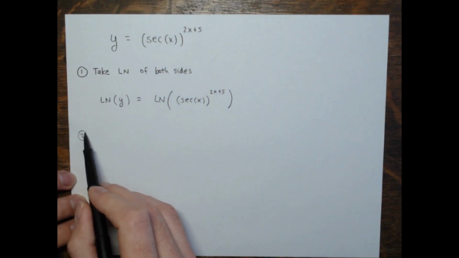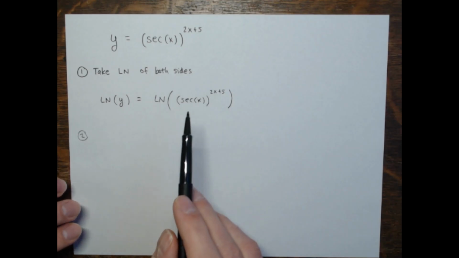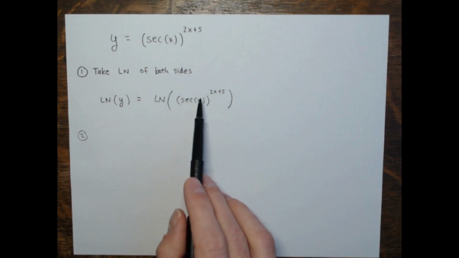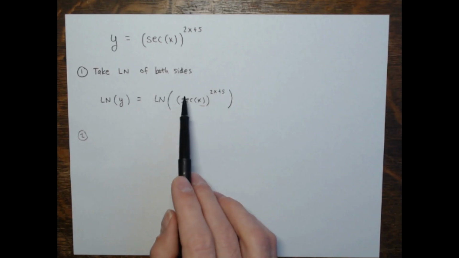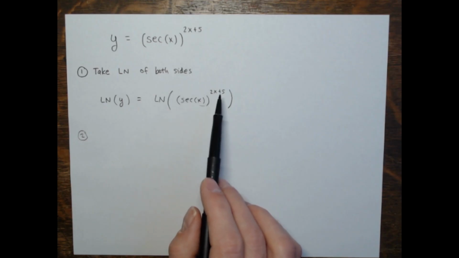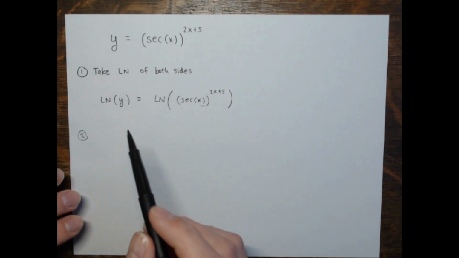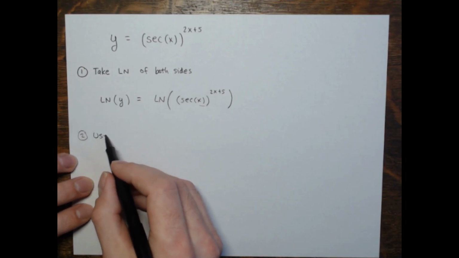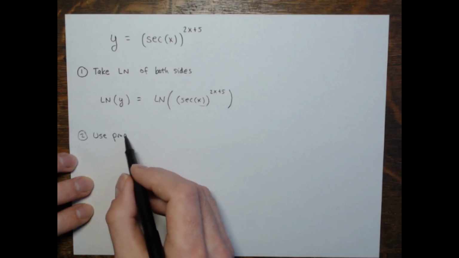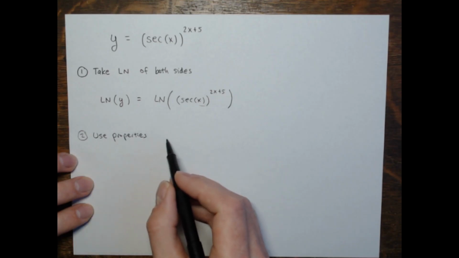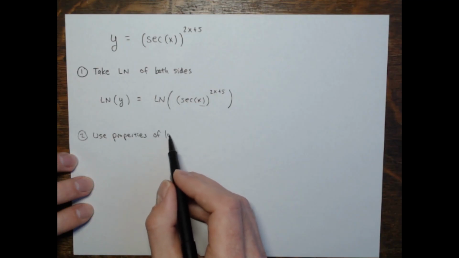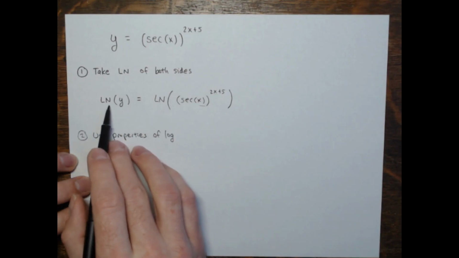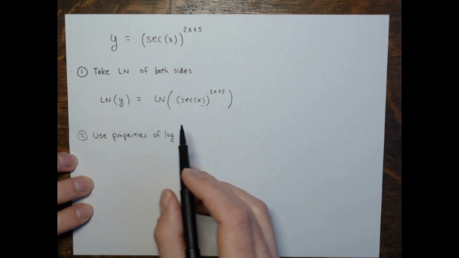Then you're going to use properties of logarithms to rewrite each side. On this side, what's inside the logarithm is all raised to a single power, so I can take that power and pull it out and make it the coefficient of the log. The left side I can't really do anything with. It's just the natural log of y.